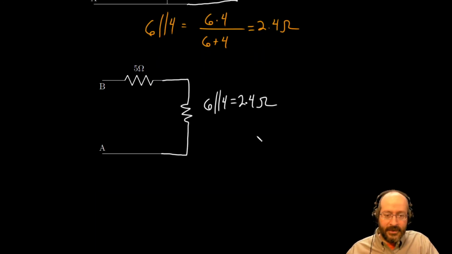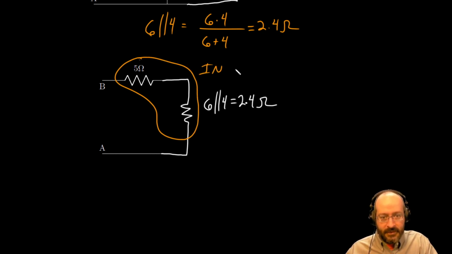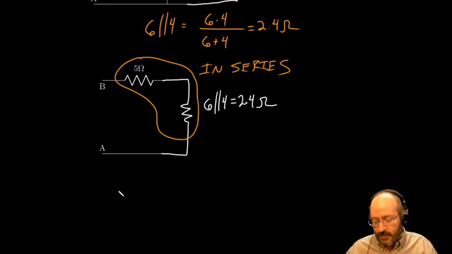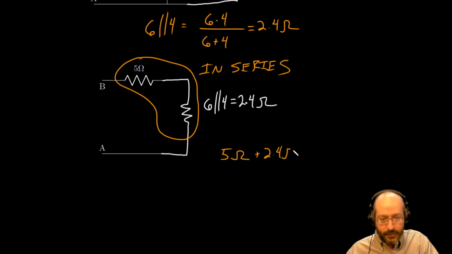Okay, so let's write that here. So these two are in series. Okay, so since they are in series, we can say 5 ohms plus 2.4 ohms is equal to 7.4 ohms.